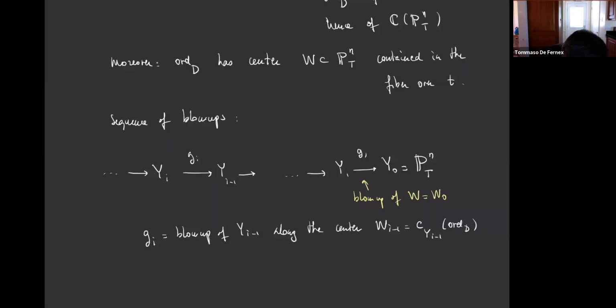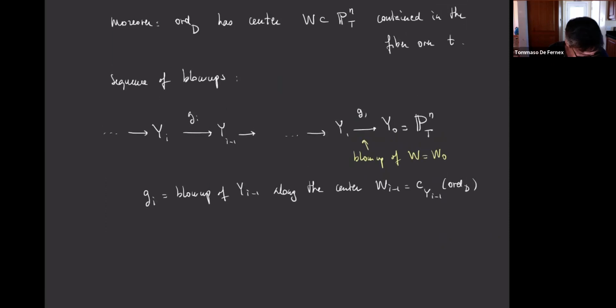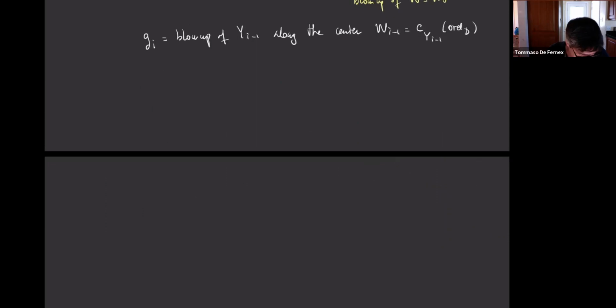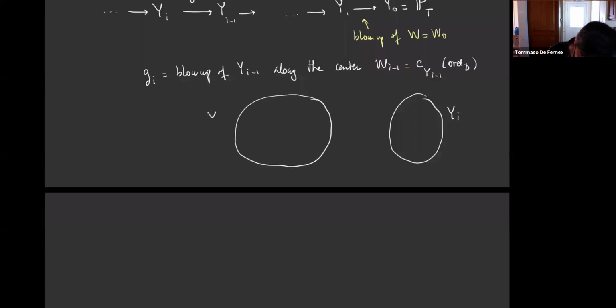Okay. So let me draw a picture. Maybe I draw it horizontally. So this is y_i, and the first one was y_{i-1}.